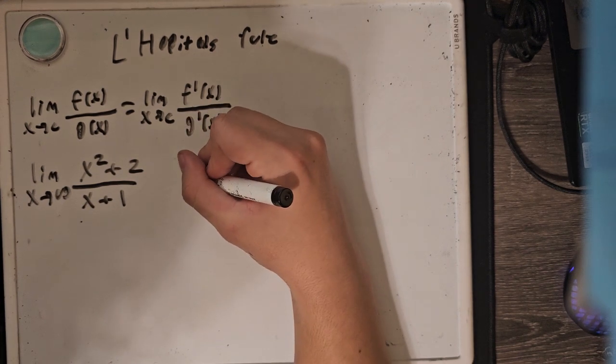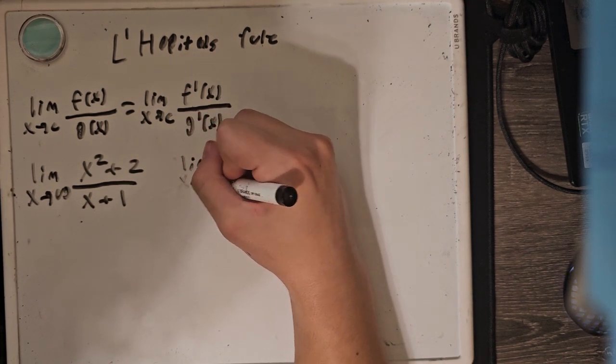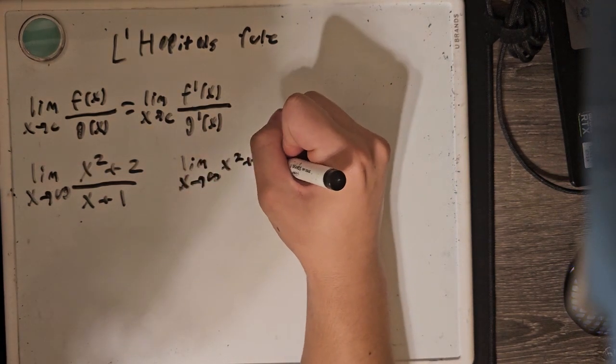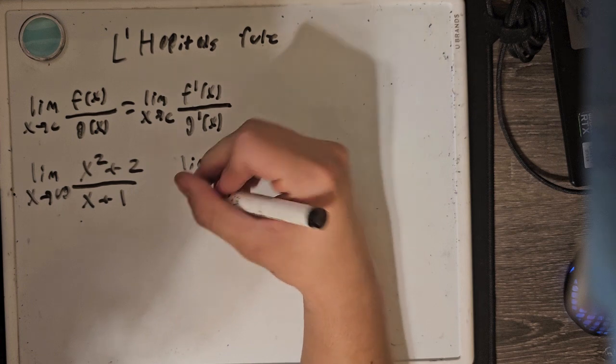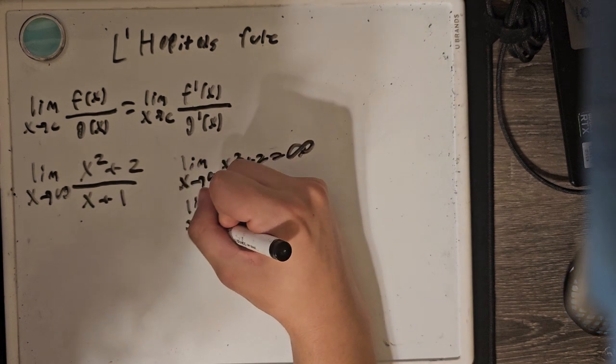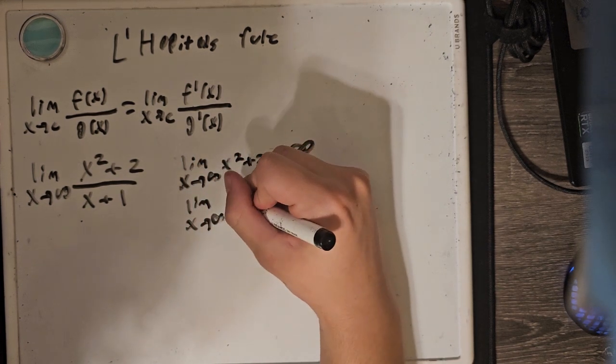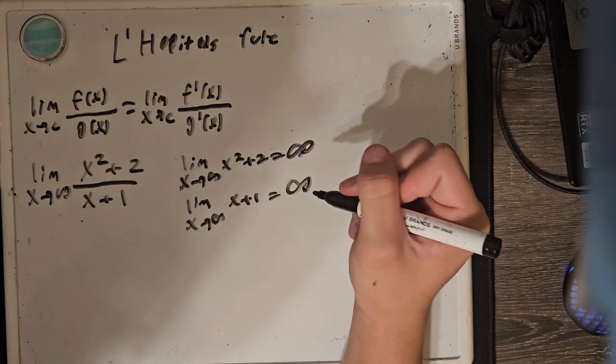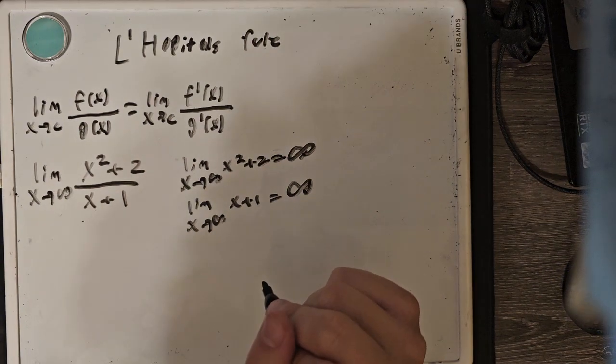So the limit as x approaches infinity of x squared plus 2 equals infinity, and the limit as x approaches infinity of x plus 1 equals infinity. We get infinity over infinity, and we can't really compute that.